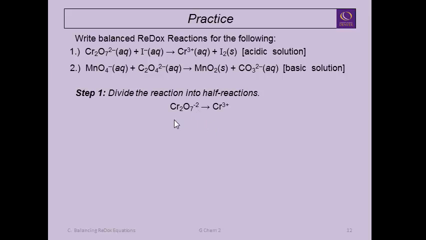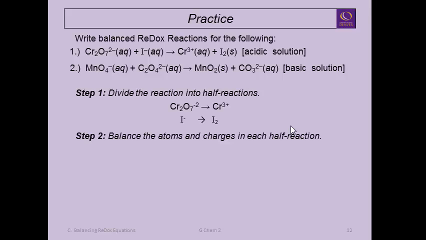So you go from +6 to +3, so that's a reduction. Now we have the iodide ion going to I2, which would be losing electrons to go from -1 to 0. So that would be an oxidation. So we have those split into the half reactions.